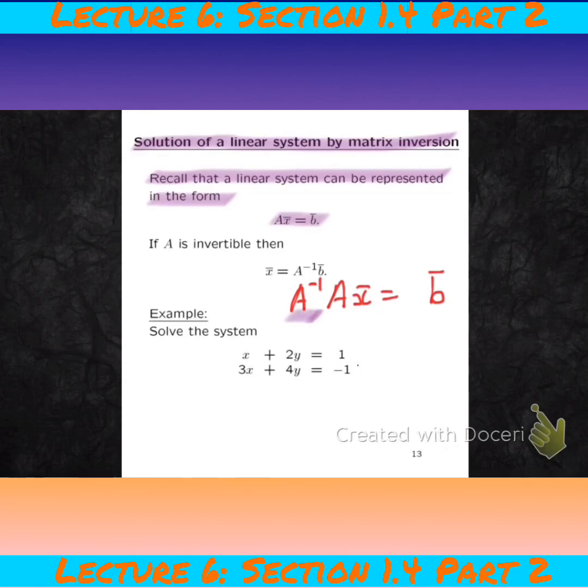What I do on the left, I need to do on the right as well. So I also need to multiply that side with A's inverse, but I need to maintain the order. Because I did that on the far left of the left-hand side, I need to do this on the far left of the right-hand side.